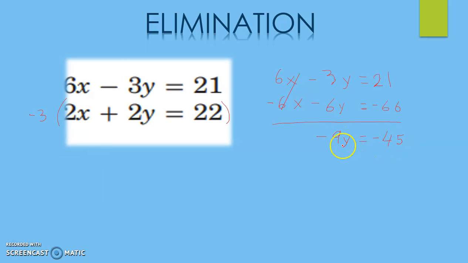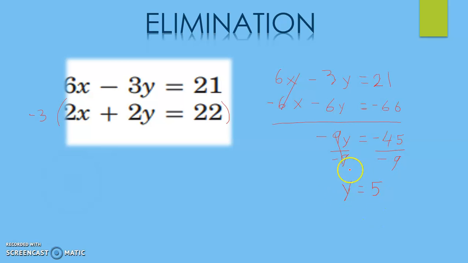Then we will divide both sides by negative 9 because we want to isolate the y. And we get y is equal to 5. 45 divided by 9 is 5. Positive 5. A negative divided by negative is positive.